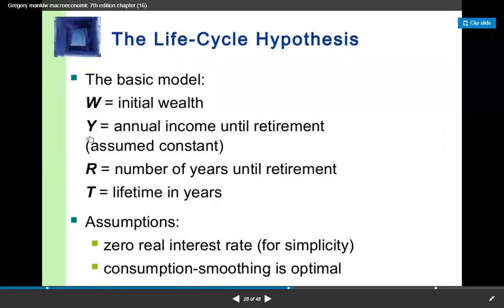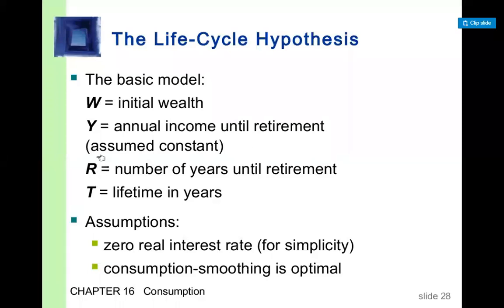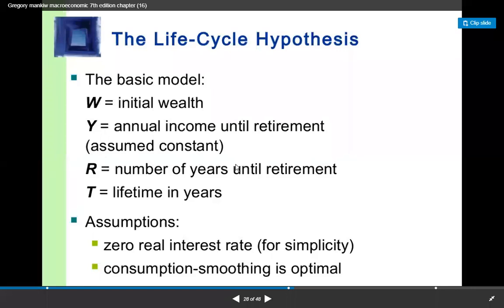Y is his income level from the first year of working till the retirement. R is the number of working years until retirement. रिटायरमेंट तक उसका टाइम पीरियड कितना है? 45 ईयर उसने काम किया, वो सारे का सारा आ रहा है. T is lifetime, total lifetime. Lifetime means from first day to the last day of life.